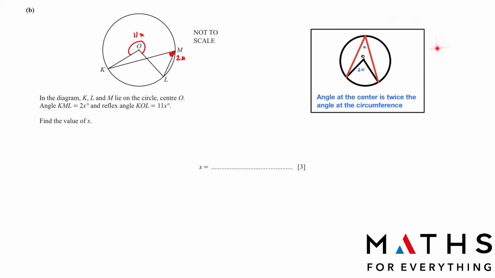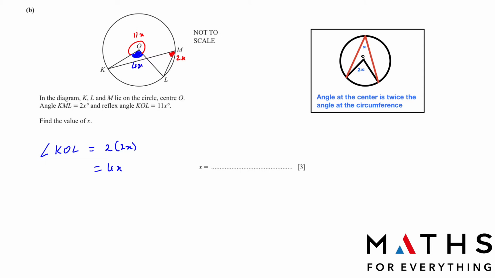You need to know this circle theorem, that the angle at the center is twice the angle at the circumference. So if this angle at the circumference is 2x, the angle KOL at the center is going to be 2 times 2x because it's twice, which is 4x. So now we know that this is 4x.